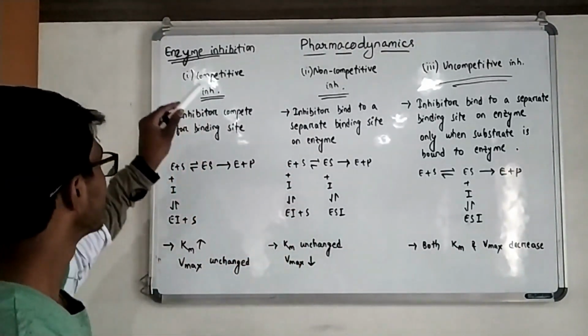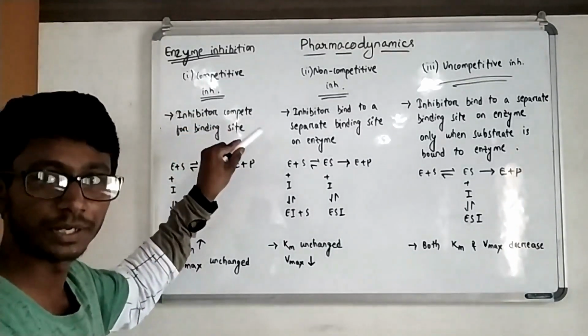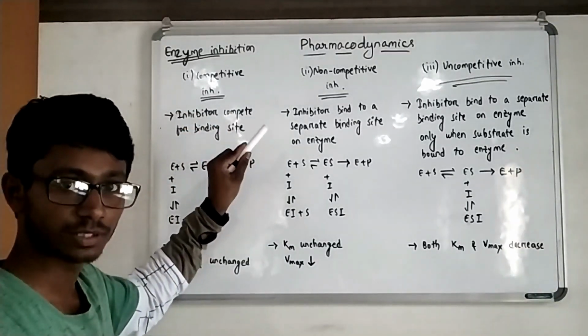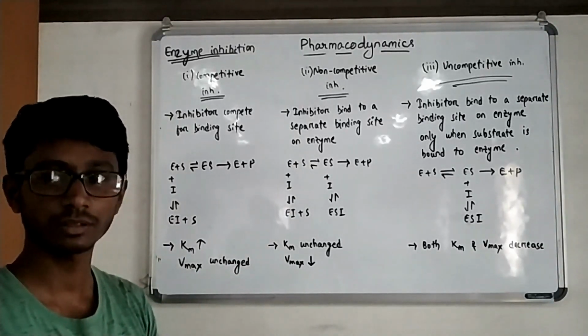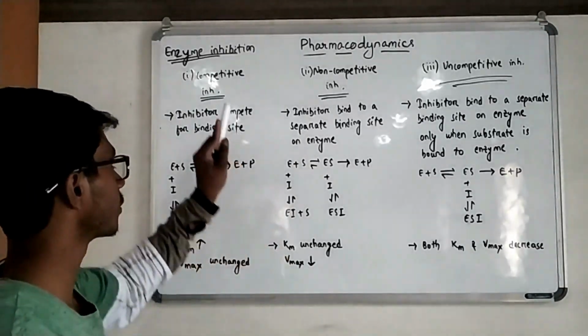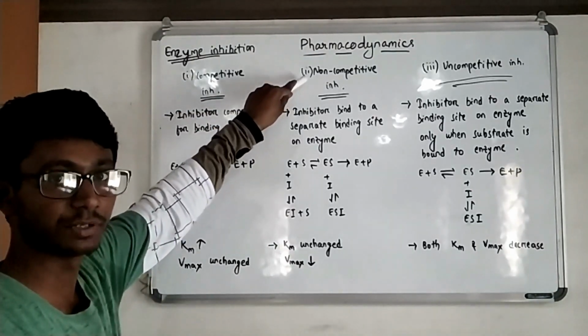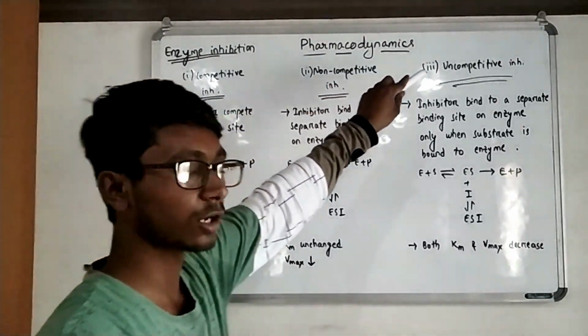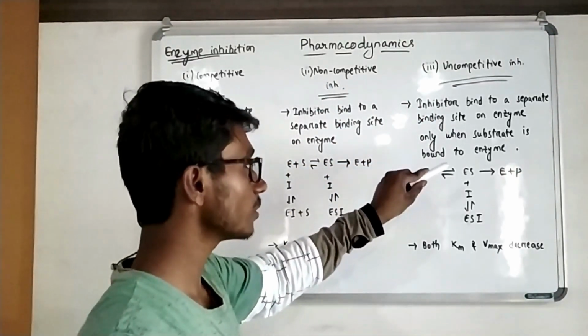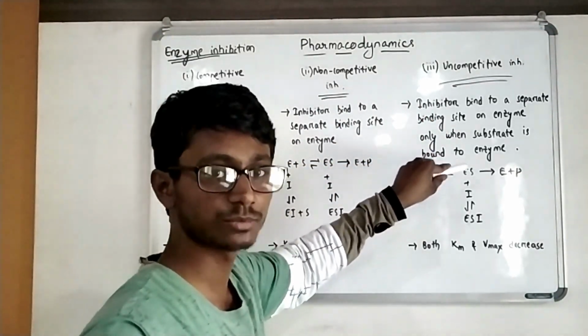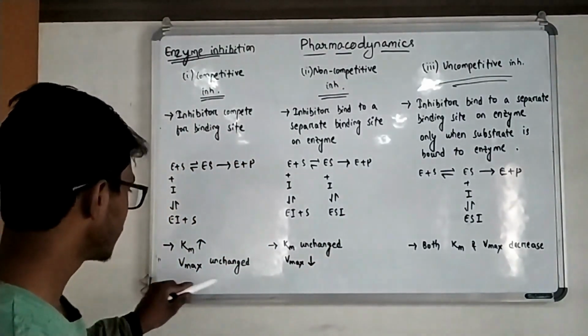So just remember, in competitive inhibition there will be competition between substrate and inhibitor. In non-competitive, inhibitor will bind to allosteric site. In uncompetitive inhibition, this is different from these two, because here the inhibitor will bind to our enzyme substrate complex. So this is important.